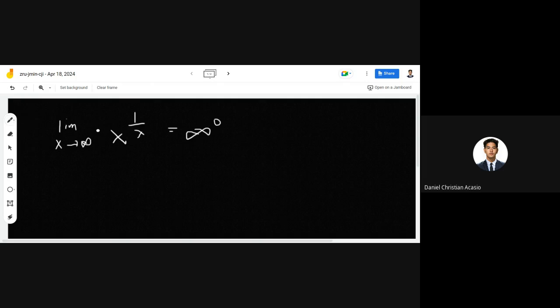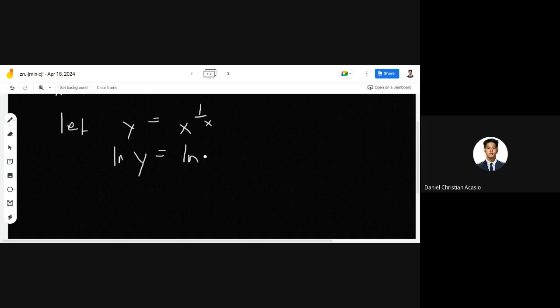Next, we have to let y equal x to the 1 over x. What I'll do is get the natural logarithm of both sides.